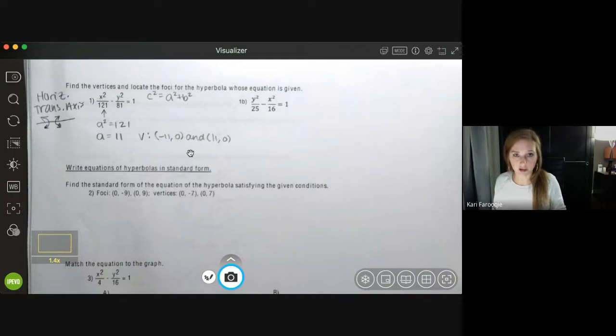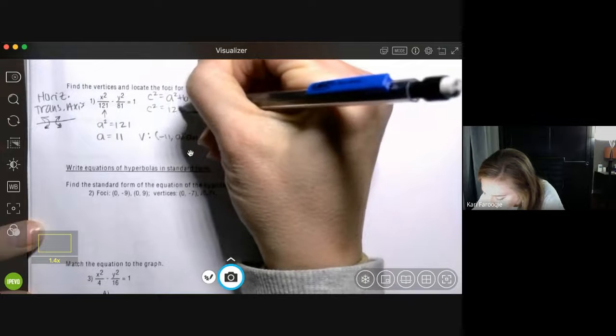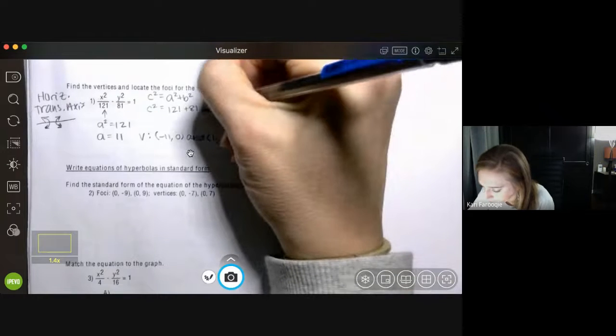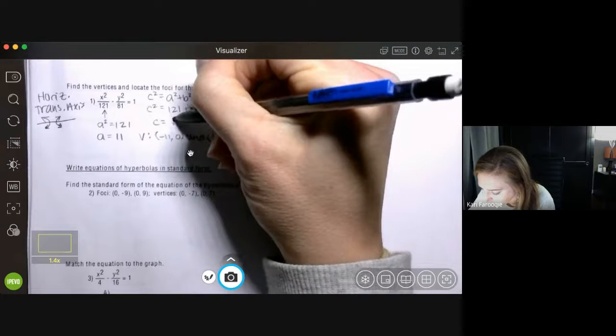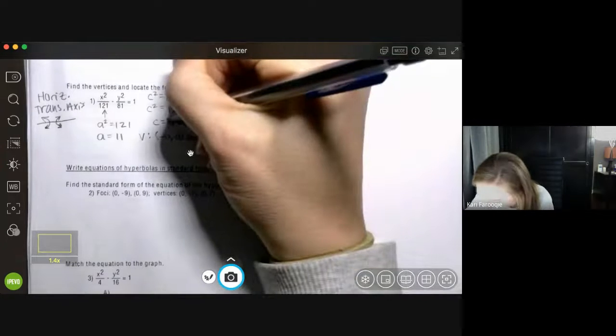So it has to be plus in this case for the foci. So let's take c squared is 121 plus 81, and you'll get 202. And that means that c is the square root of 202.